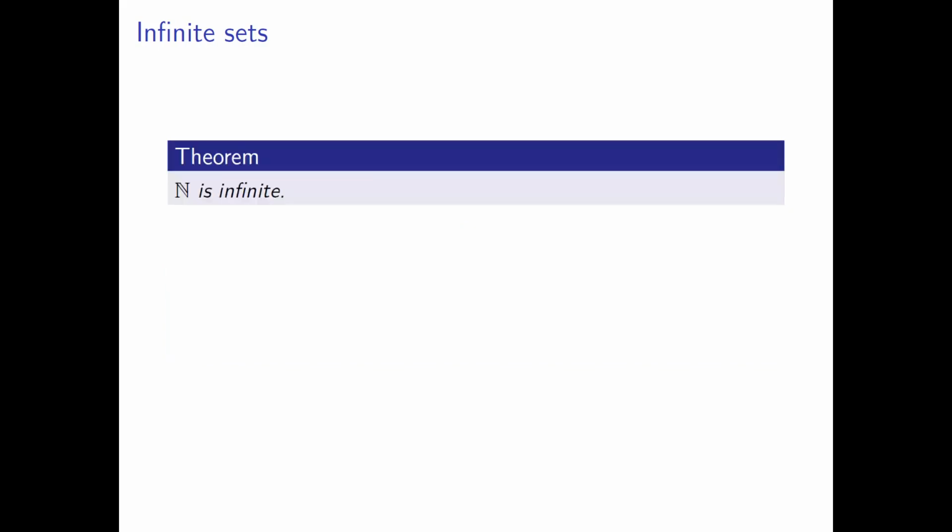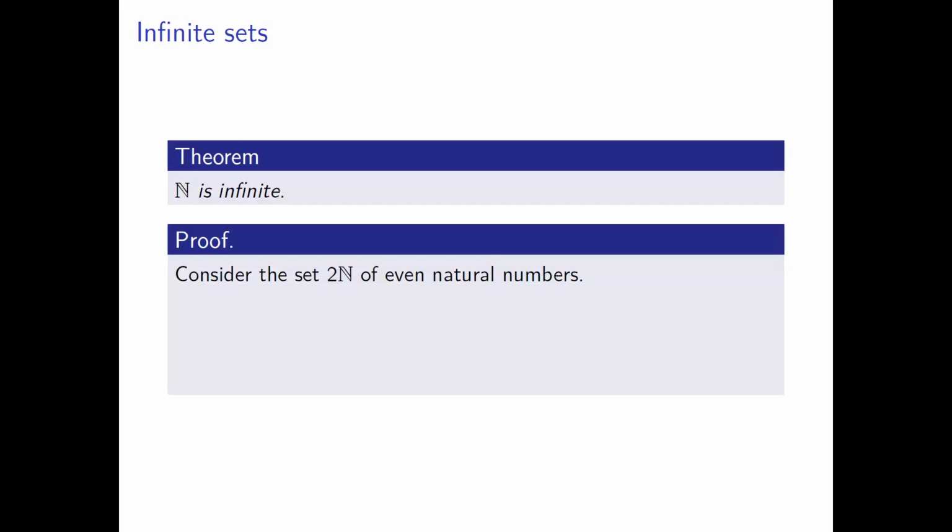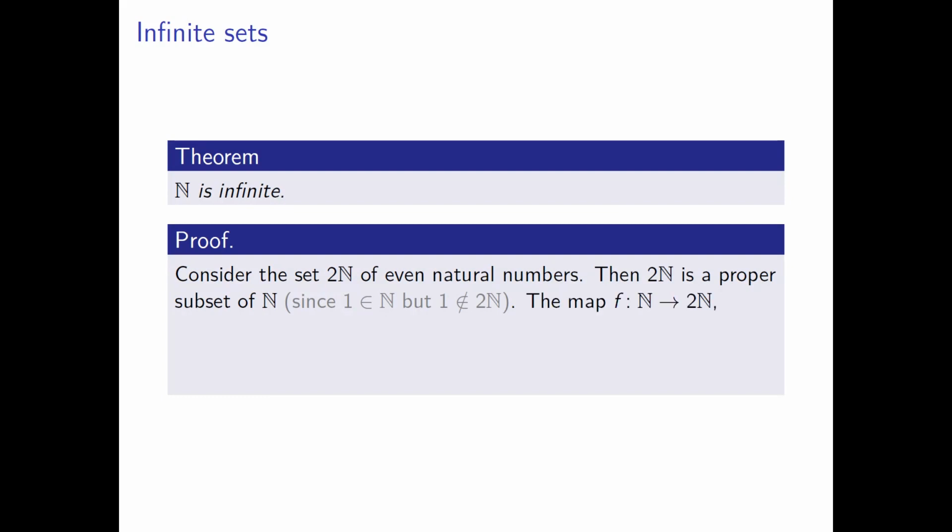We will use this condition to prove that the set of natural numbers is infinite. Consider the set 2N of even natural numbers. Then, 2N is a proper subset of N since 1 is a natural number but 1 is not even. We can show that the map f from N to 2N, which sends each natural number n to 2 times n, is a bijection.